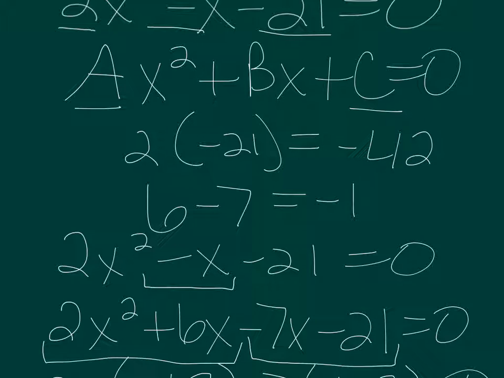Then I want to put both of these equal to 0. When you have two factors equal to 0, the only way they can multiply to be 0 is if one or the other is 0, or both. So x plus 3 equals 0, and subtracting the 3, x equals negative 3.